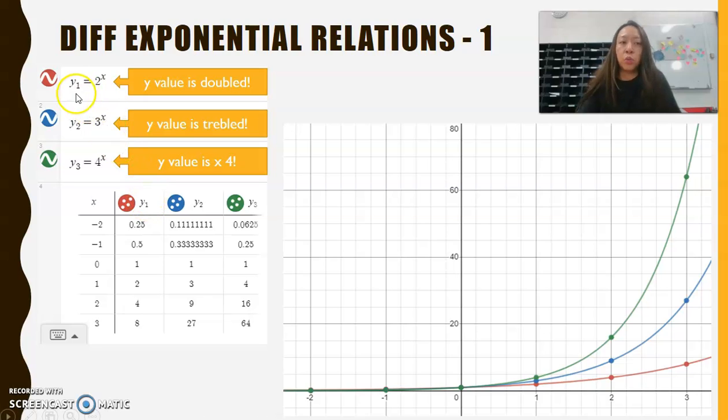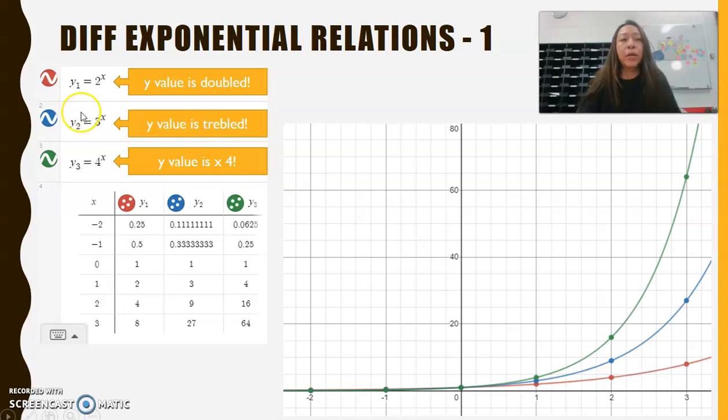The first one, I colored it red. So y equals 2 power x will be this red curve over here. Can you see that every time x increases in value, the value of y actually doubles? This is actually an exponential growth curve because it keeps growing, the value keeps increasing.